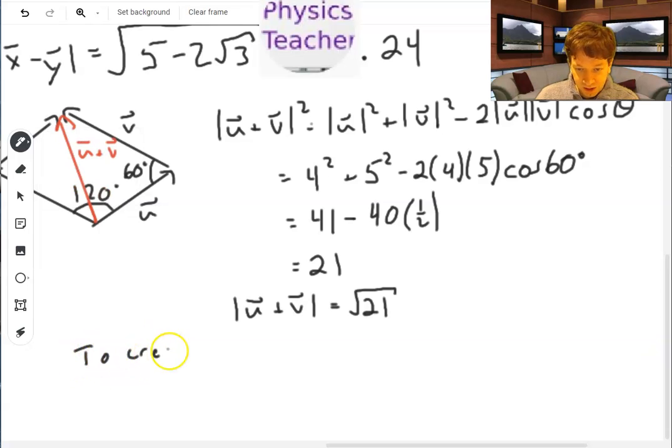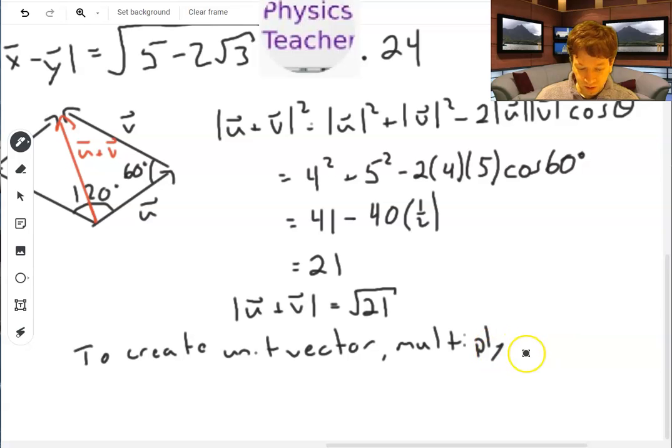To create a unit vector, multiply by, sorry, my writing is awful, 1 over this magnitude that we just calculated.